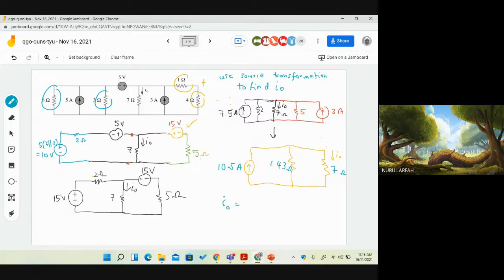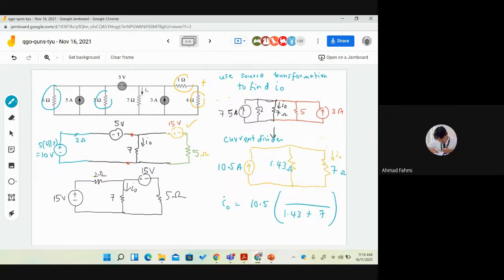What is I naught? You have 10.5. Then which one? Up here. 1.43 or 7? Which one? We know that yang bawah ni 1.43 and 7. Which one? This is current divider. 1.43.